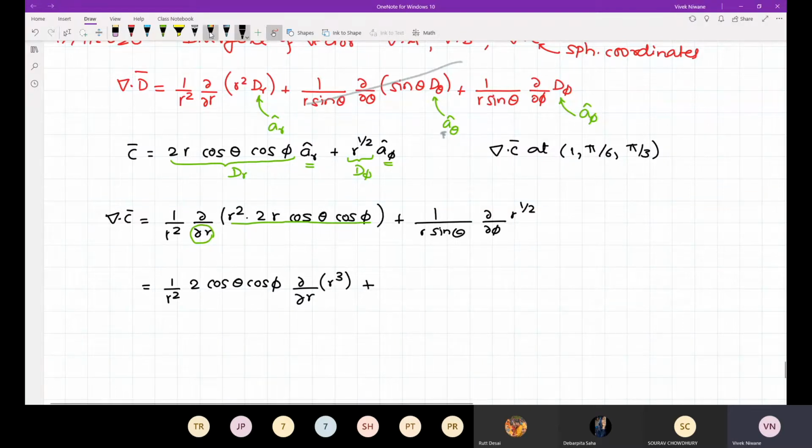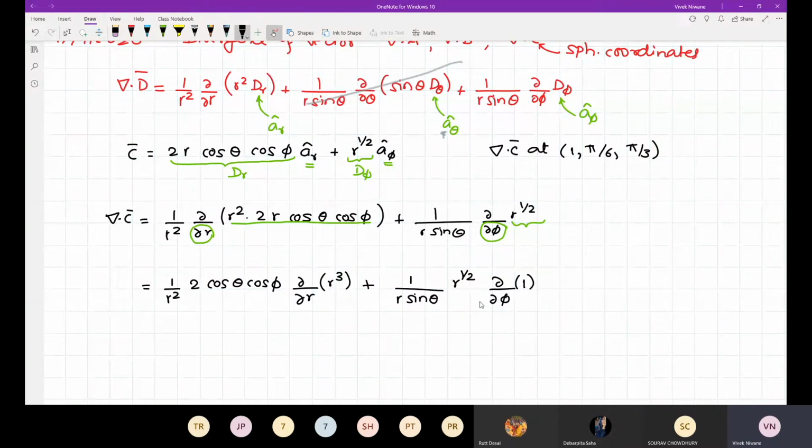The next partial differentiation is del by del phi, and we don't have any phi term here, so r raised to half is a constant for this partial differentiation. We rewrite this as 1 upon r sine theta, taking the constant out, del by del phi of what we have here, 1.